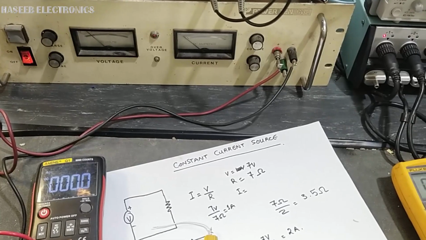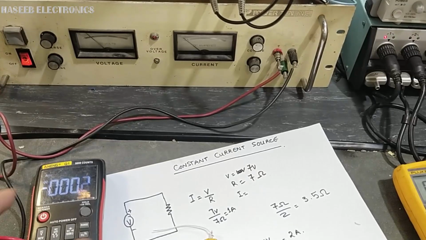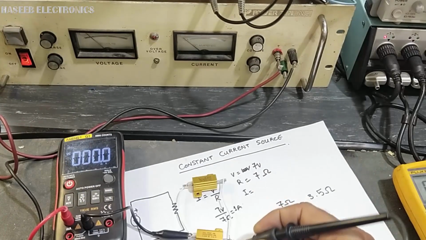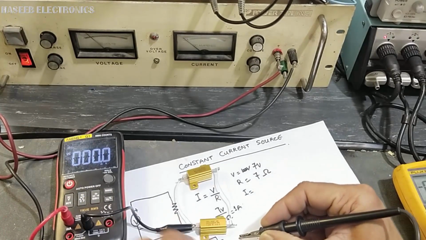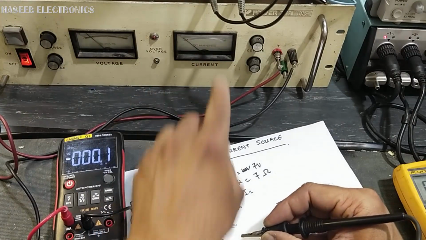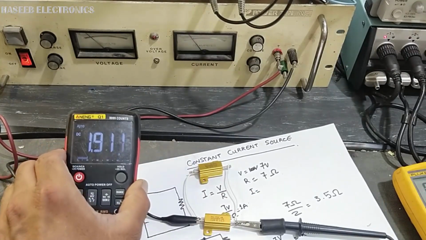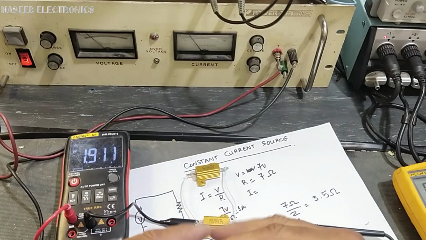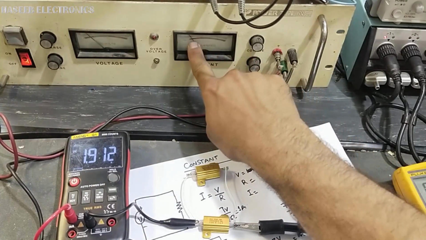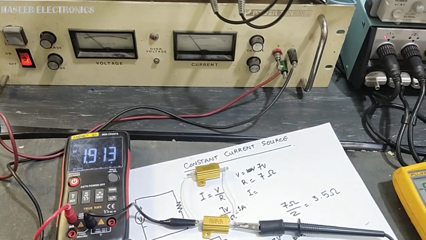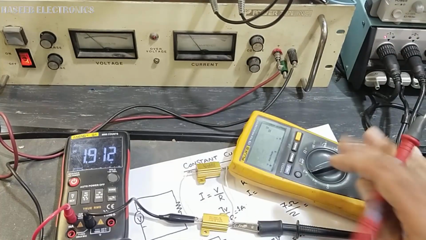Let's monitor it and then we will see why it happens, why it will draw 2 ampere. Okay, now we can see on this ampere meter or this one, it is drawing 1.9 ampere, the current doubled, and here the current 2 ampere, and if you see the voltage, it is 6.8 volts.